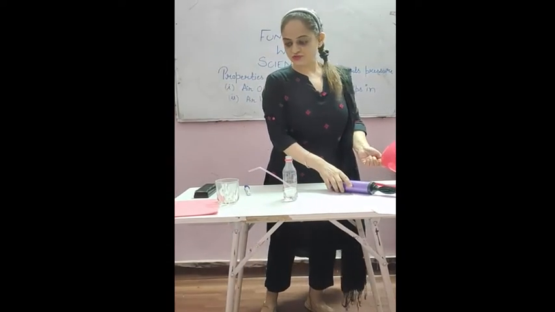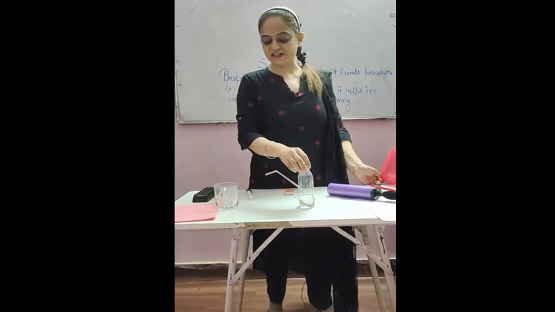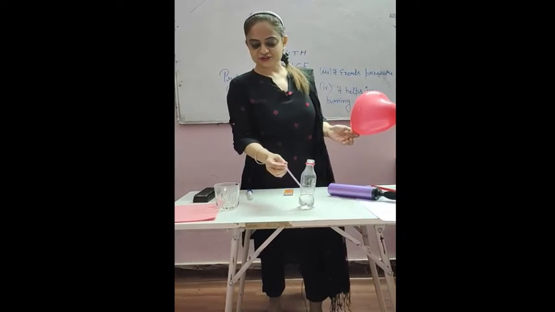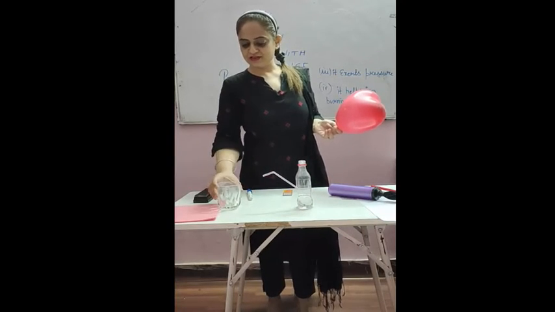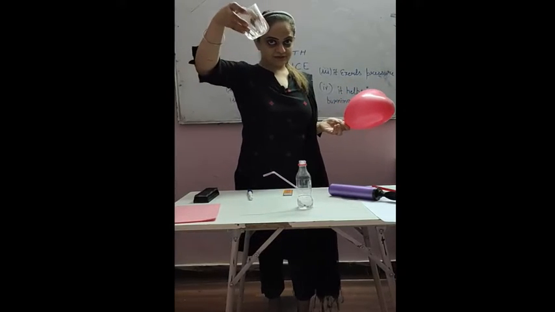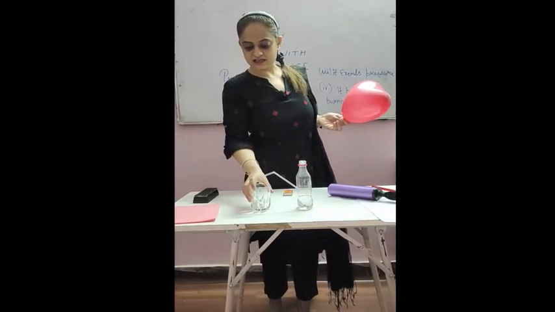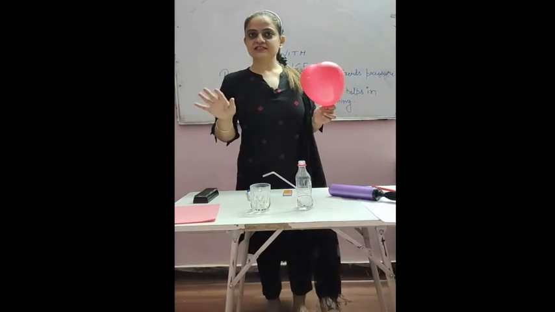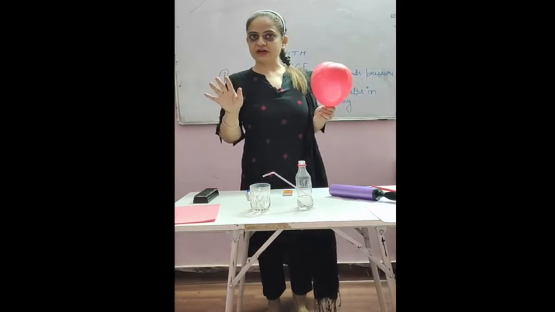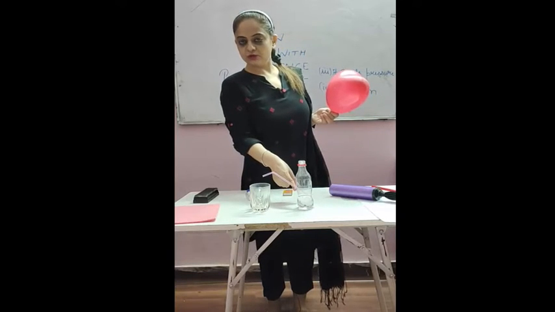Now, children, look here. This is going to be one of the very interesting activities. This straw is going to act like a tap, like a pump. This glass is empty. Nothing is there. I'm going to keep this glass just below the straw. So what is the setup about? We have taken one empty bottle. We have made a small hole over here.